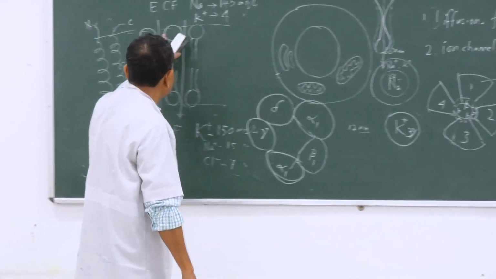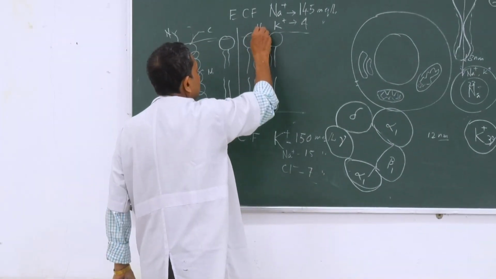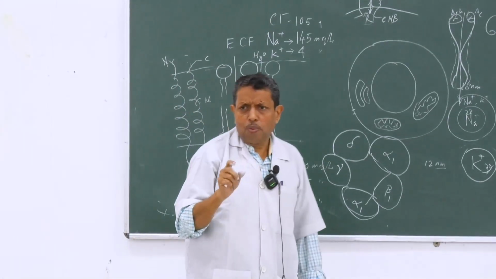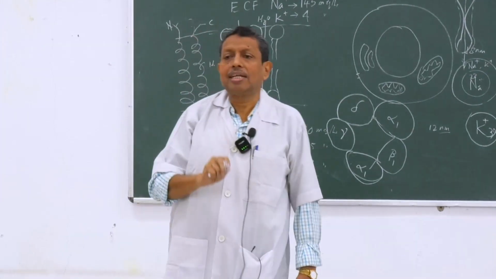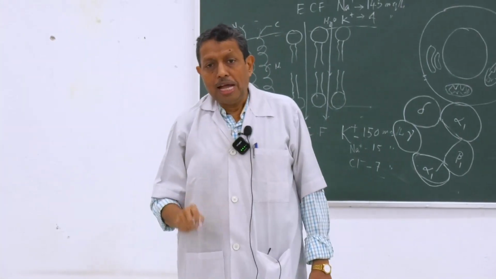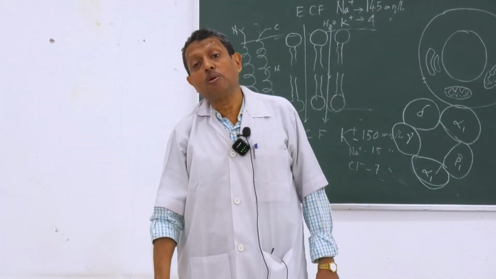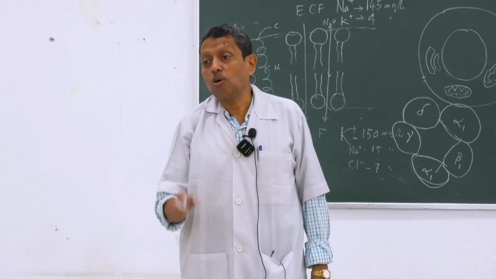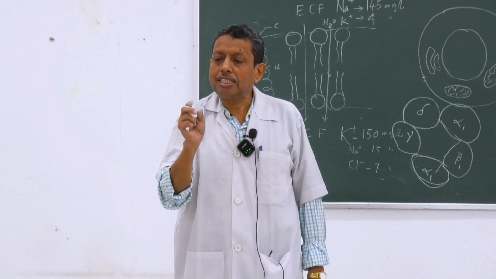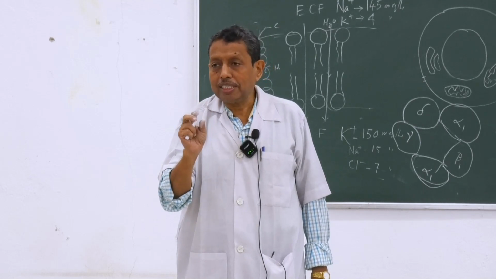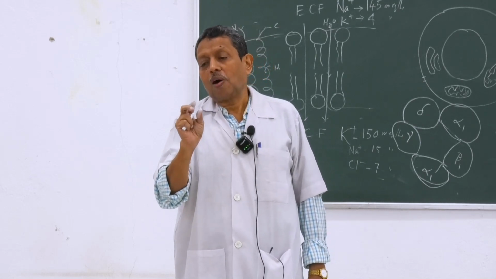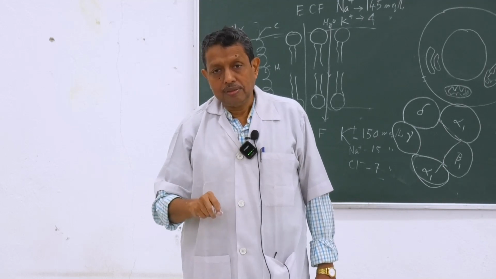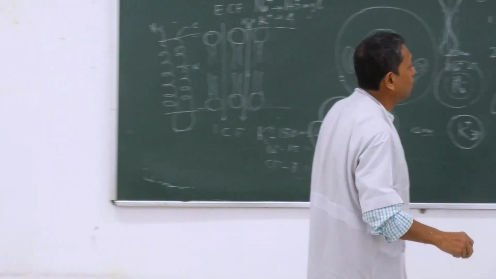Water can enter through these. But whenever there is requirement of quick entry of water, these channels are relatively slow, and there is formation of aquaporins. They are formed of 4 subunits, and each subunit has the capacity of transporting water. There are different types of aquaporins.